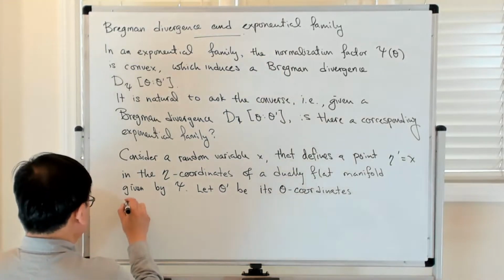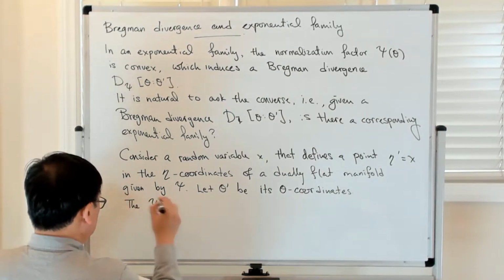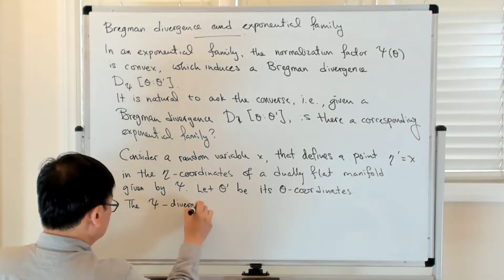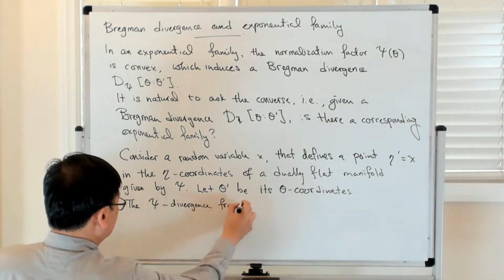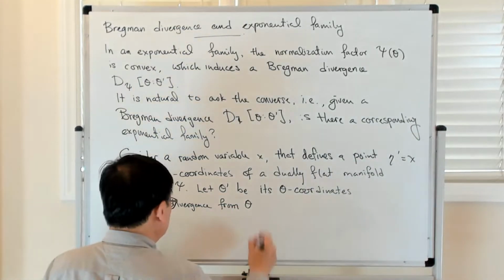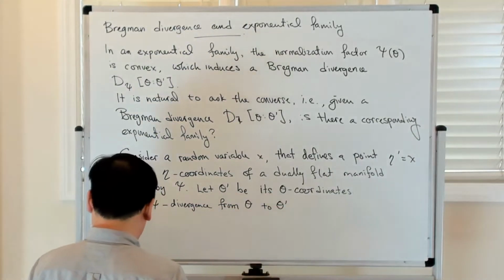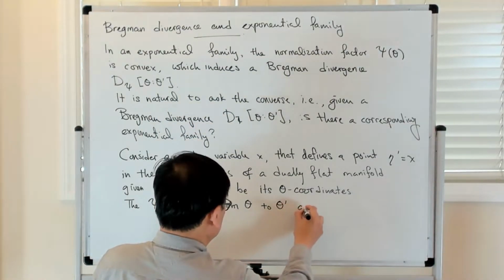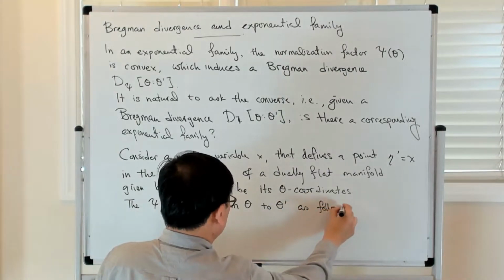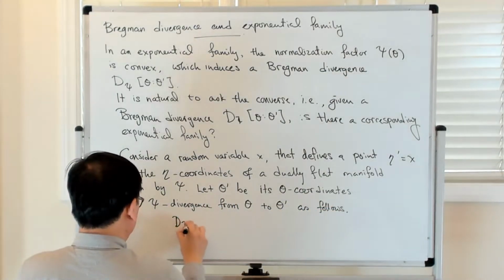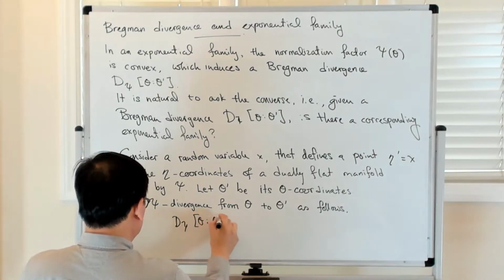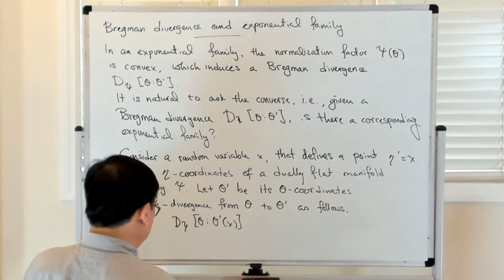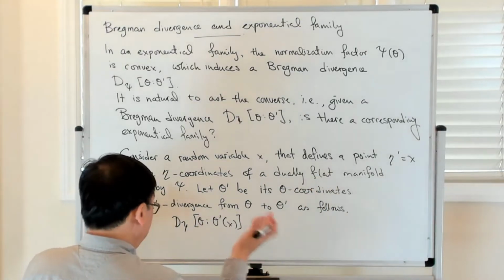So I can write the phi divergence from theta to theta prime as follows, where again theta prime is the coordinate associated with this point x, but in the theta coordinate system.